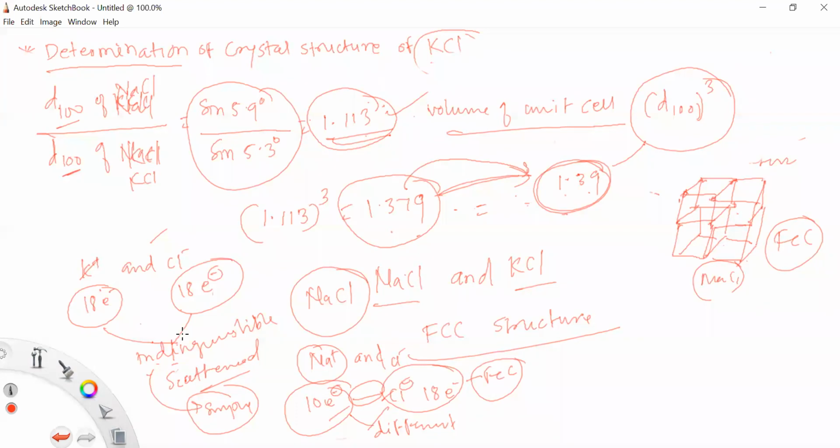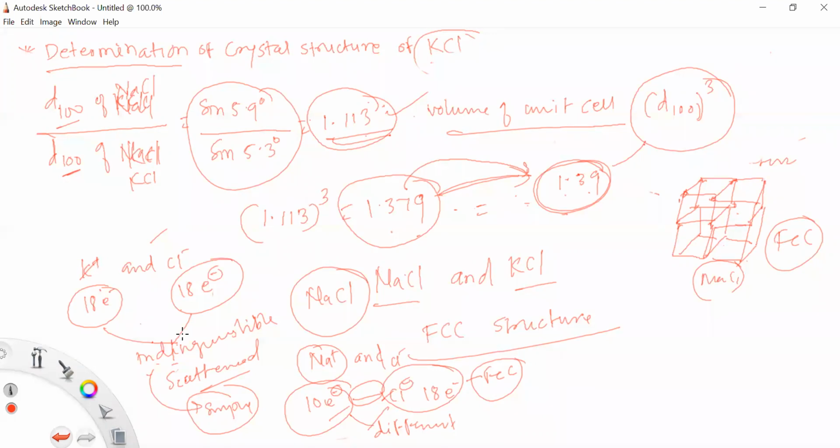And when you calculate the ratio for any one plane, like the 100 plane of NaCl and KCl, the ratio comes to 1.113. Taking the molecular ratio, or the molecular volume, or the volume of the whole unit cell, the value is 1.379.